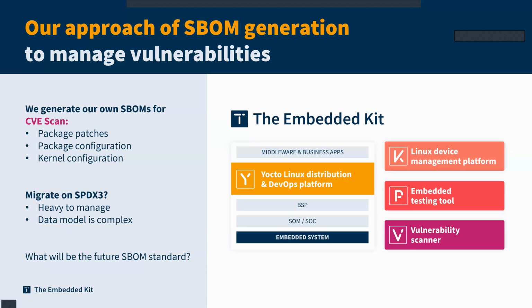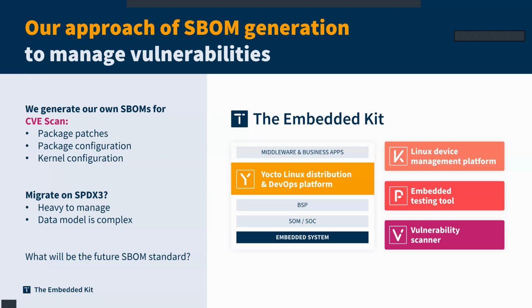So that's why we need to integrate into this software bill of material the packages that have been patched by the meta layer, the package configuration, and all the kernel configuration options. We are able, for example, to associate a software CVE with some kernel configuration to remove it if the kernel configuration is not included in the build of your image.